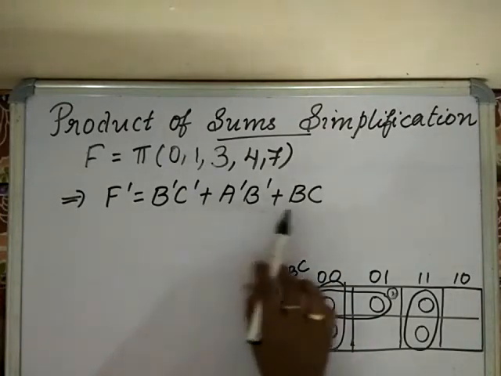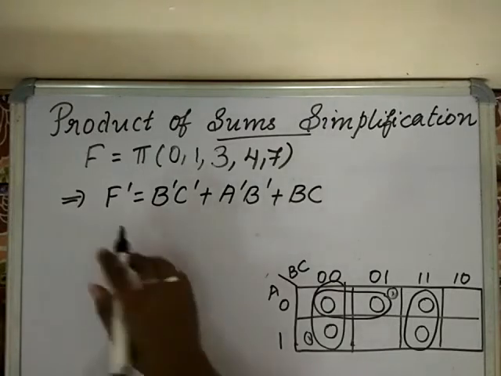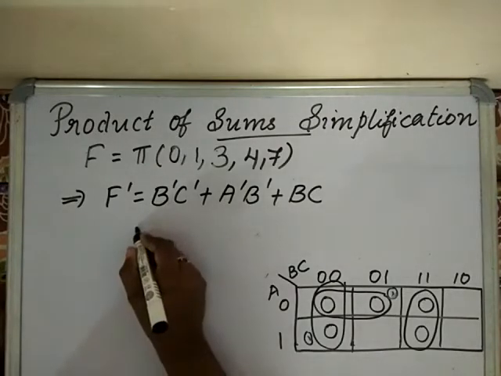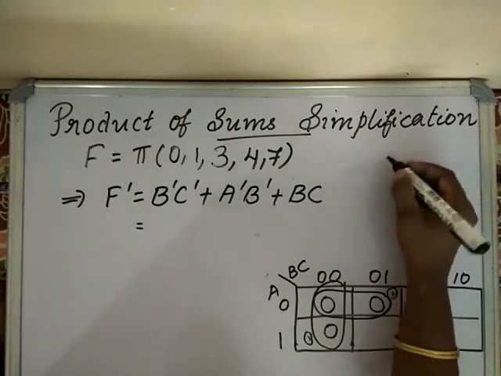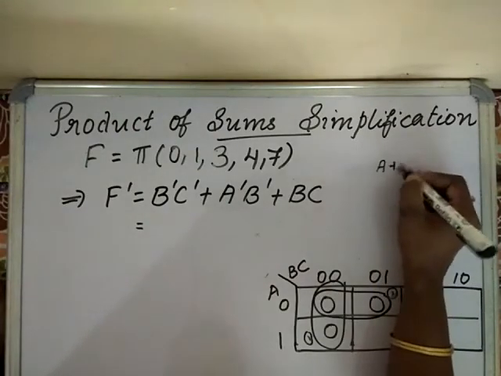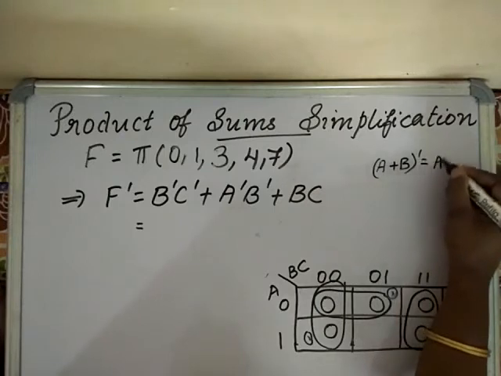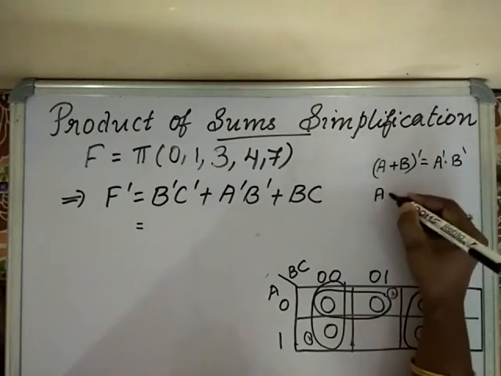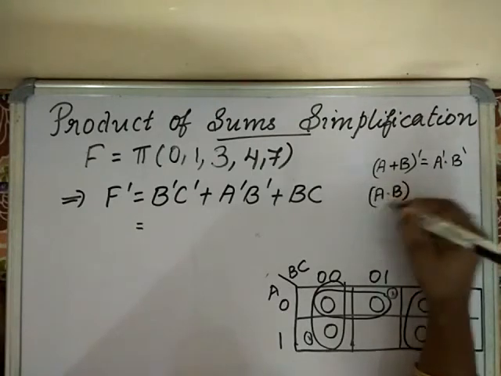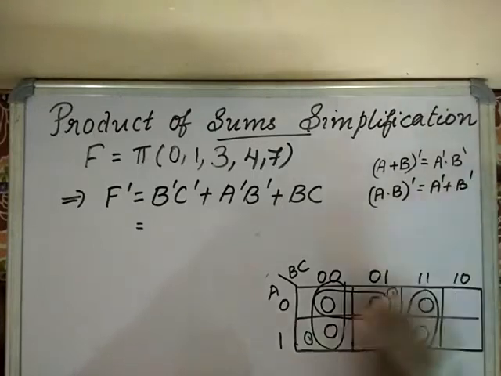But what we need is product of sum form. So we can write the equivalent form by applying De Morgan's law. De Morgan's law: a plus b, the whole complement, is a complement into b complement. Similarly, ab, the whole complement, is a complement plus b complement.